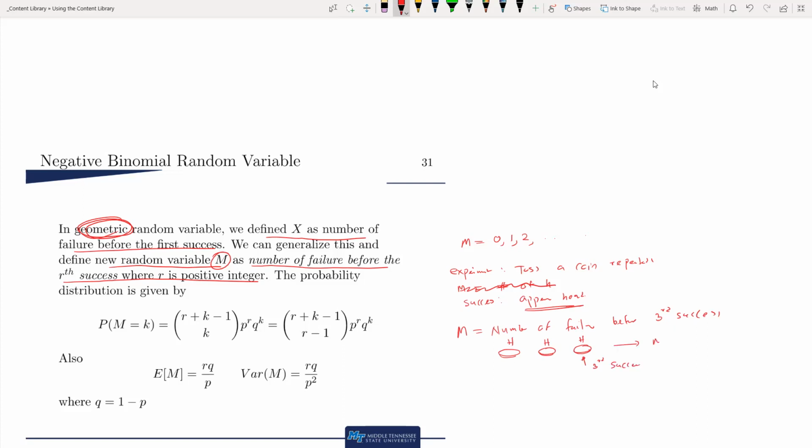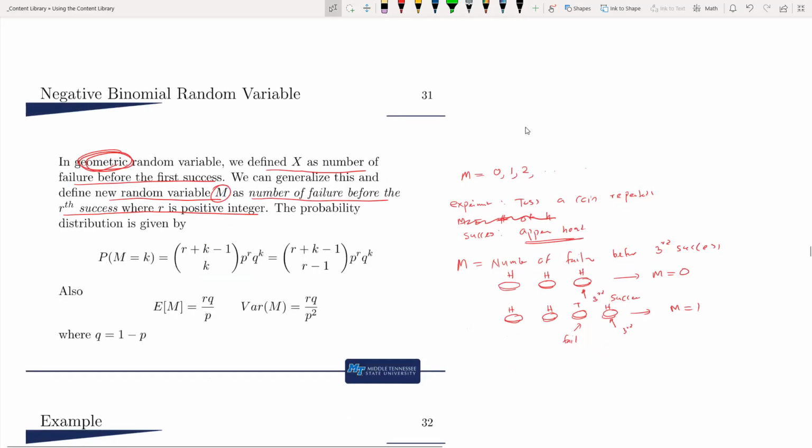So in this case, M takes 0. Or you may have a situation where the first one is a head, the second one also a head, but the third one is a tail, and the fourth one is a head. So in this case, M becomes 1, because the number of failures before the third success is 1. So M equals 1.